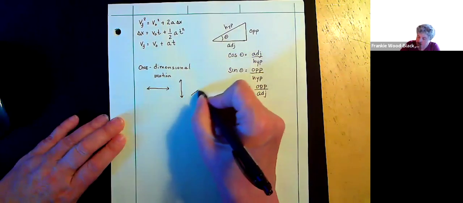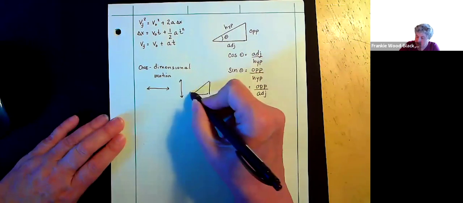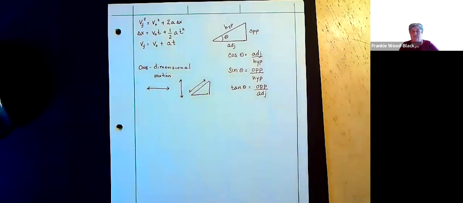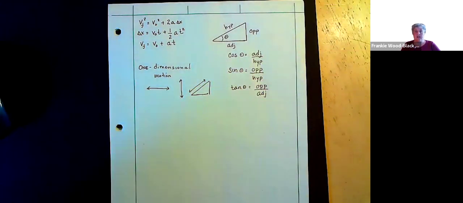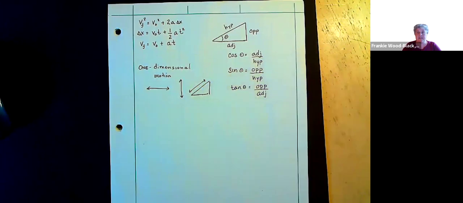Or if I'm on an inclined plane, I can still do one-dimensional motion. I'm just reorienting my frame of reference such that I'm moving in one dimension. I can look at it as being along this plane, and I can judge it as one dimension.